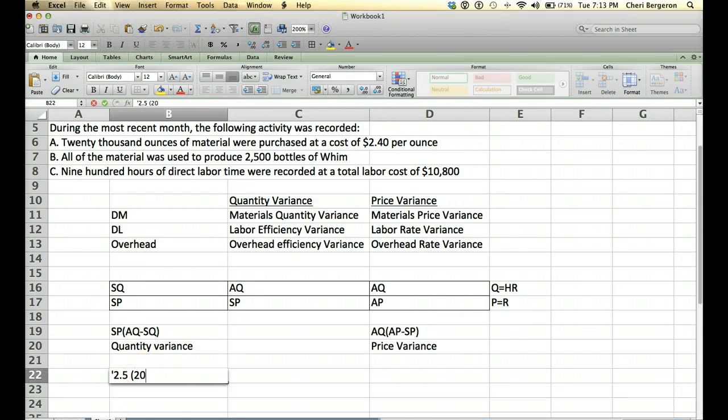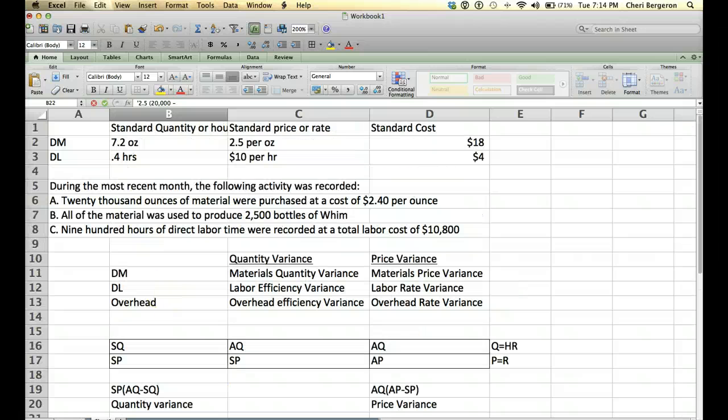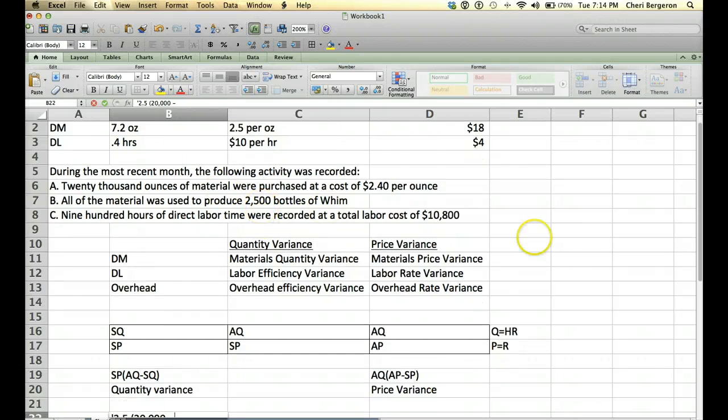So I'm going to say 20,000 ounces, and I'm going to subtract my standard quantity. That was the amount that I had expected, and standard quantity was 7.2 ounces per bottle. So I need to say 7.2 times 2,500.